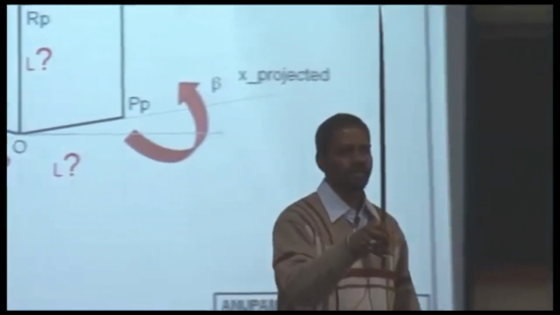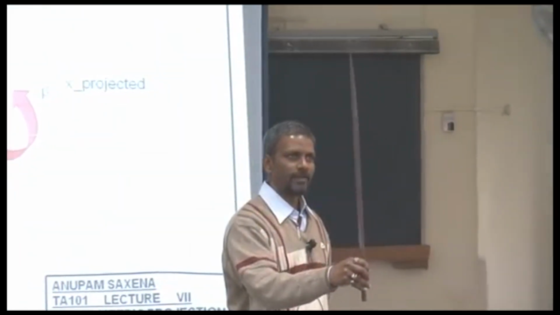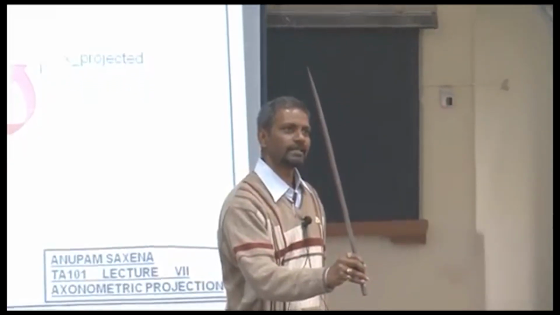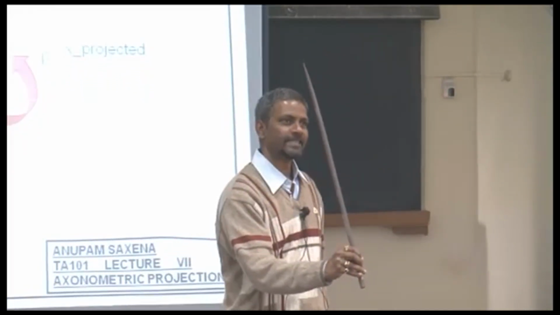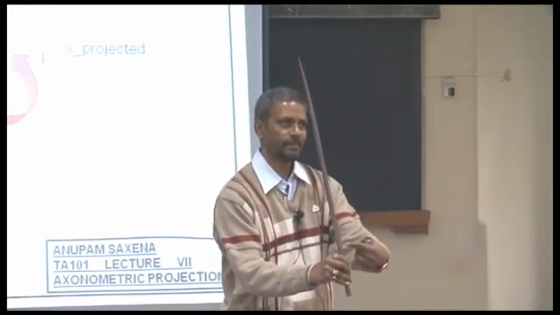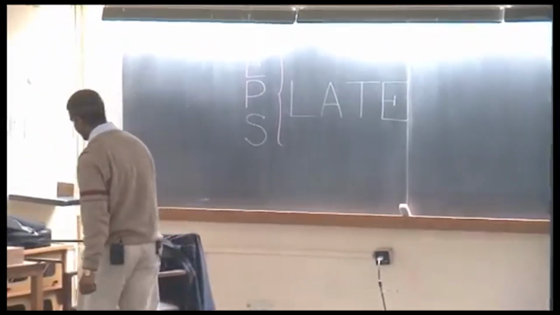Is this true length? It's totally vertical. Now if I rotate it towards myself, what happens to the length? Decreases by how much? By cosine of this angle. Okay, so all lengths will change, and it so happens that all lengths will get reduced.